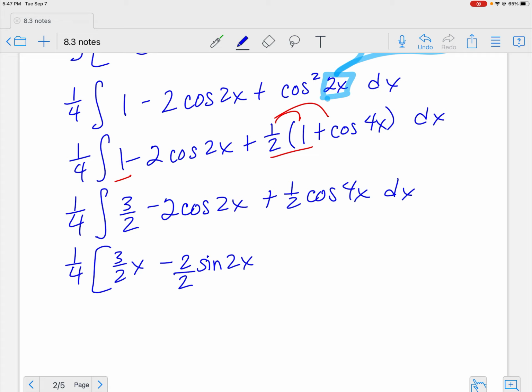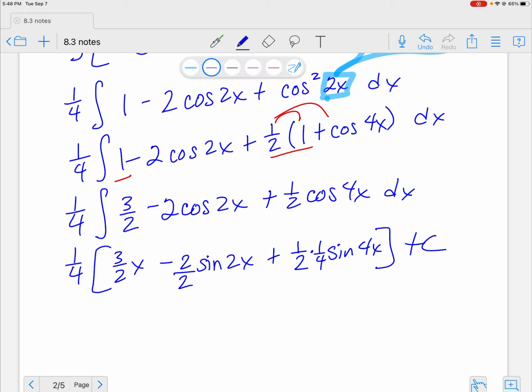So that's really a 1. Okay. Plus, and I have this 1/2 in front. Again, I've got sine of 4x, but I'm going to bring that 1/4 in front here. See that? Plus c.